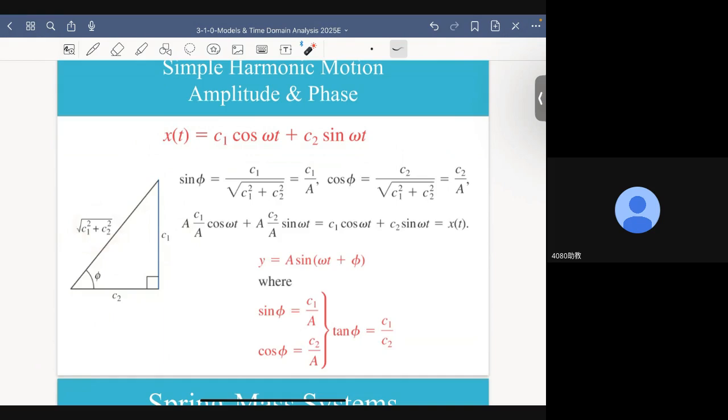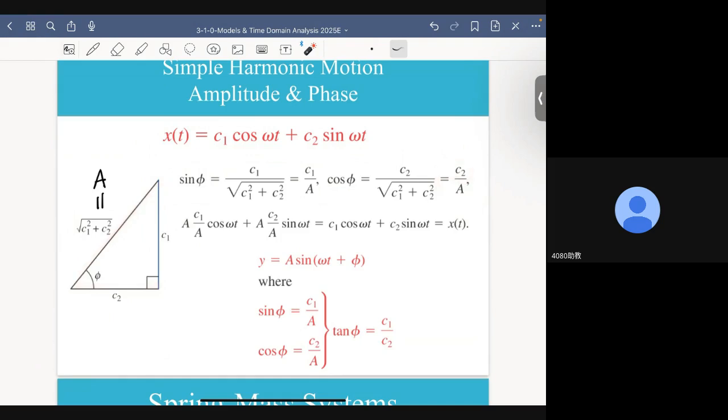Now, let's assume that this is equal to A, all right? Therefore, based on the definition of sine phi from this right triangle, we know that sine phi can be written as C1 over A, right? Similarly, cosine phi from this right triangle is C2 over A, right?